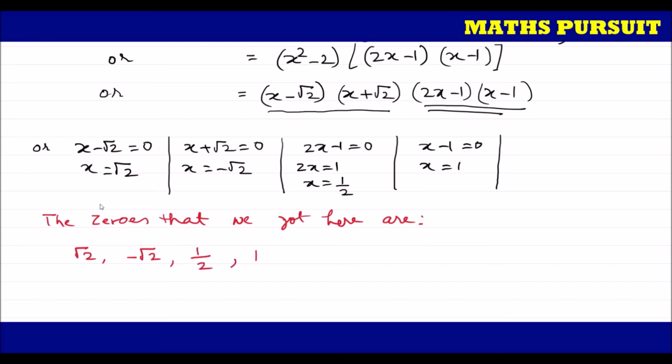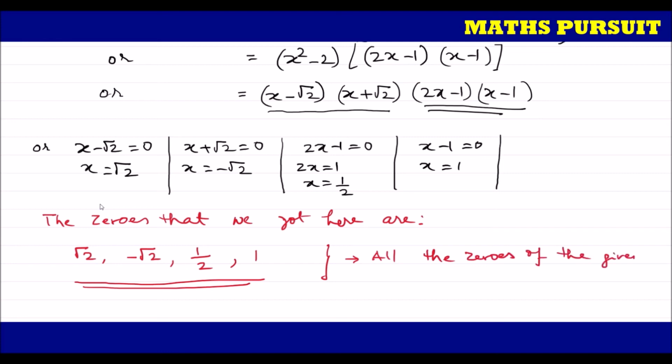Altogether these are the 4 zeros of the given polynomial, and the question told us to find all the zeros. So these are all the zeros of the given polynomial.